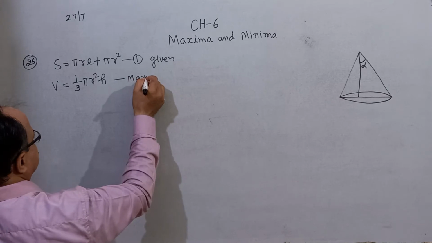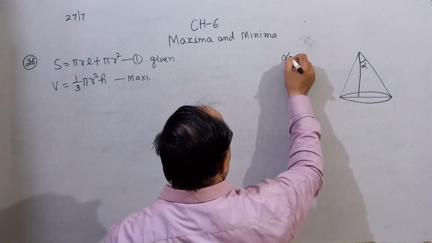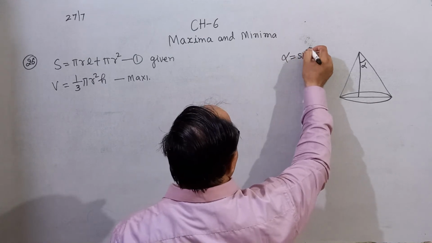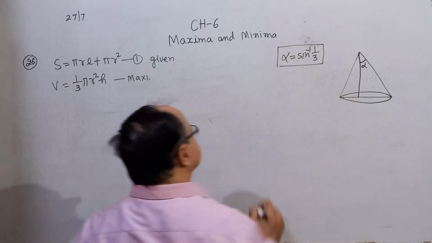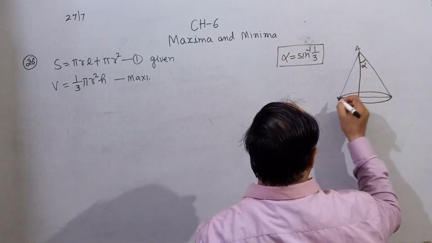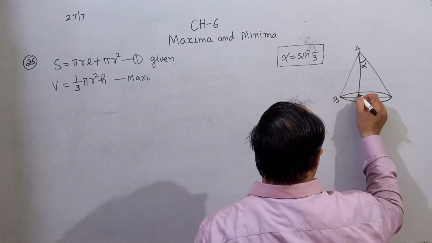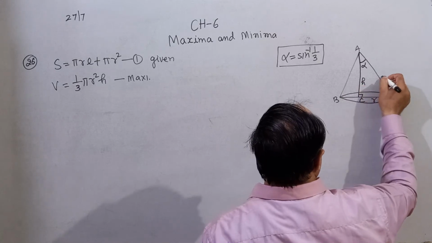The volume is maximum when alpha becomes sine inverse 1/3. Clear? This is R, this is H, and this is L.